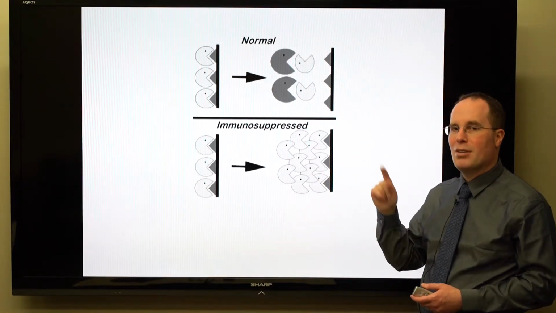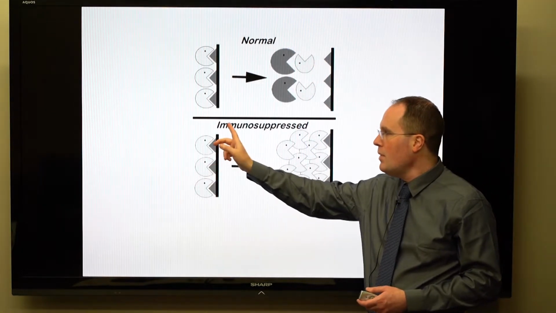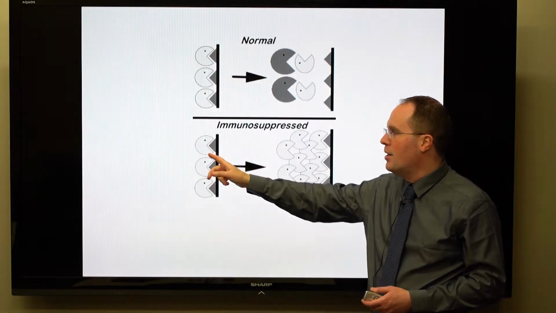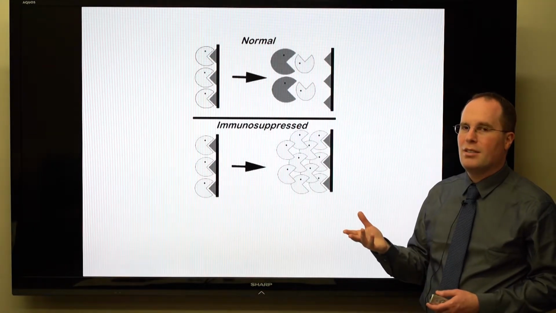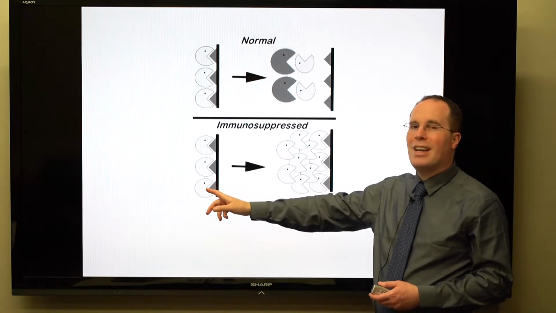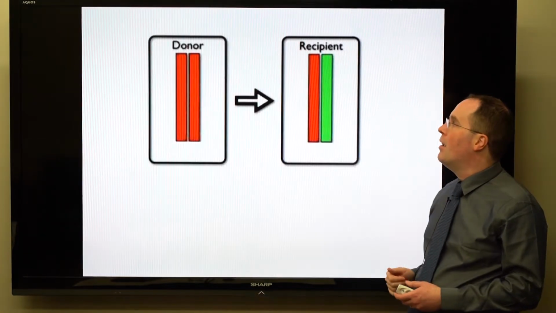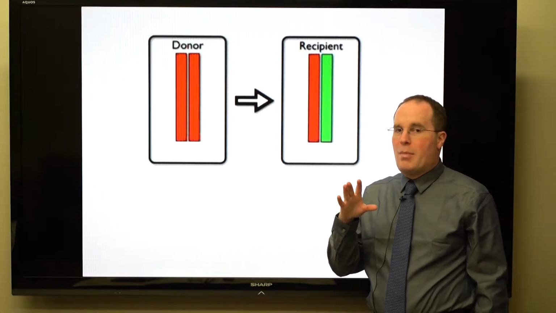So their army is bigger than your army because of the proliferation. And so what we'll do in an immunosuppressed patient is irradiate the red cells and platelets so that these T cells cannot proliferate. So that's in the setting of an immunosuppressed patient, immunocompromised patient.